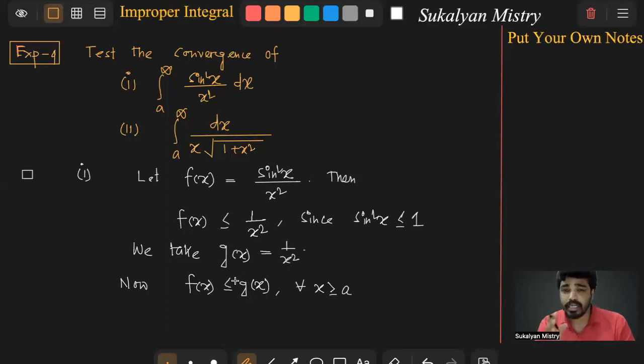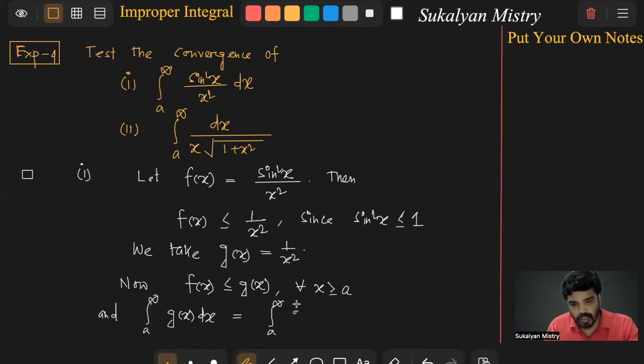If it is convergent, then by comparison test we conclude that integration a to infinity fx dx is also convergent. So integration a to infinity gx dx equals integration a to infinity, what is gx? Gx is 1 by x square, so dx by x square.